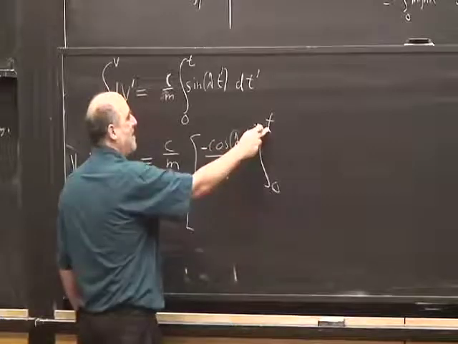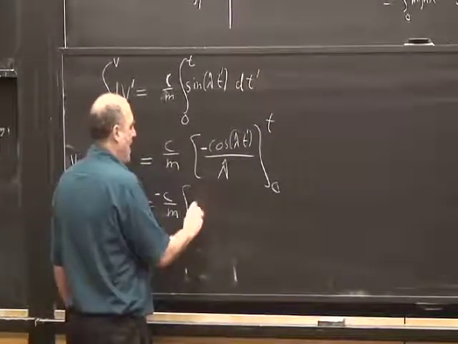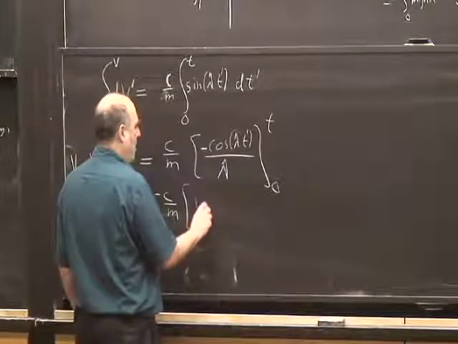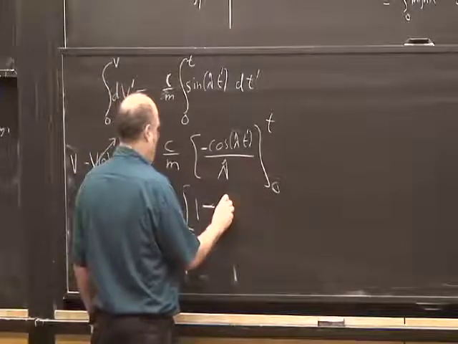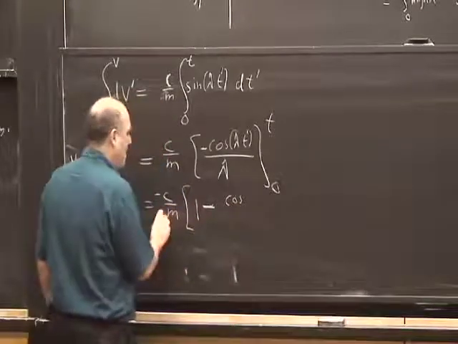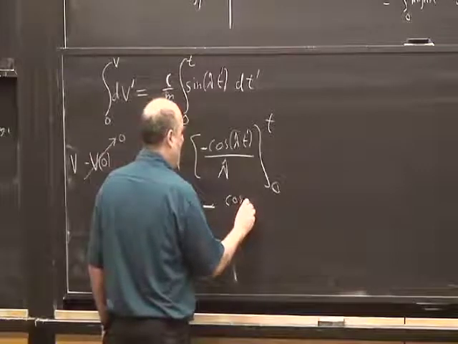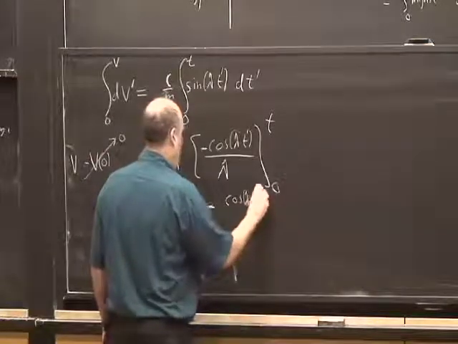This is going to have a minus in it because it's up here like that. So altogether we get a minus sign up here, and we get a lambda out front here, and we get 1 minus cosine of lambda t.